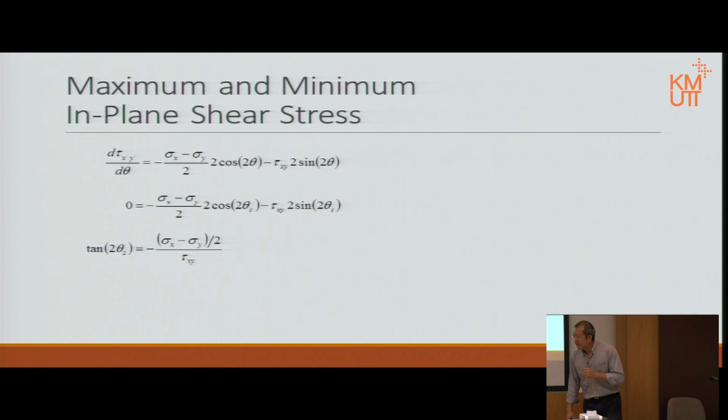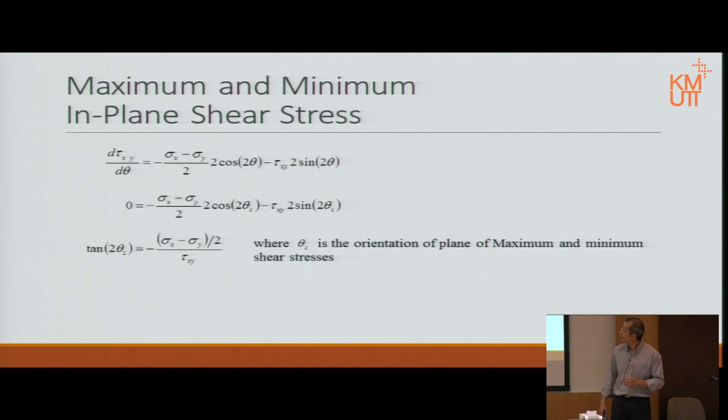Now, if we know the expression for normal stress, we can immediately identify how to calculate the maximum and the minimum principal stress, and maybe we can do it here too. Okay, theta s is the orientation of the plane of the maximum and the minimum shear stress, of course.